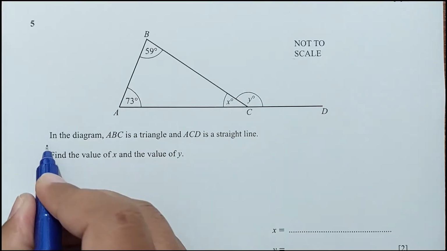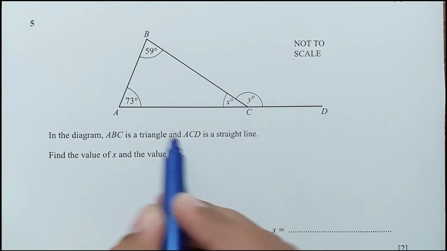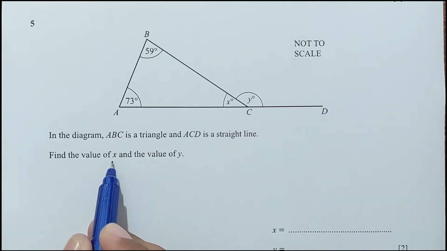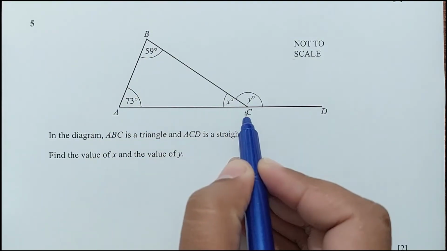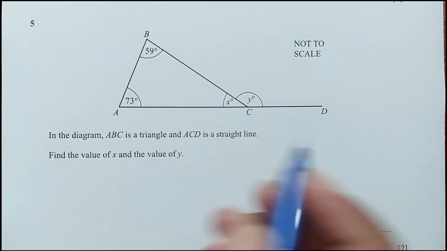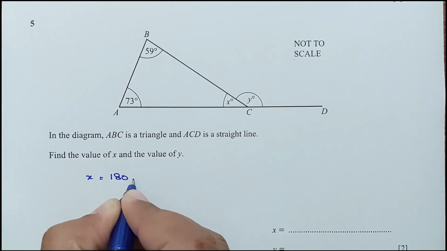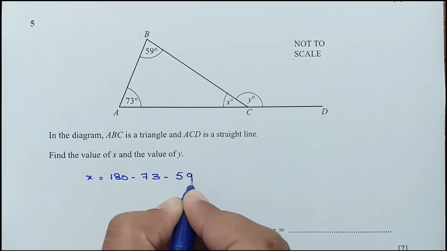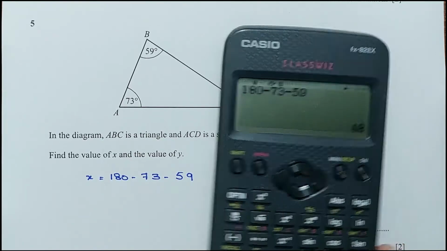Question number 5, in the diagram ABC is a triangle and ACD is a straight line. Find the value of x and the value of y. We know that the sum of all angles of a triangle is 180 degrees. So x equals 180 minus 73 minus 59, which is 48 degrees.